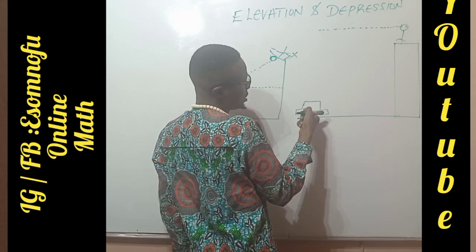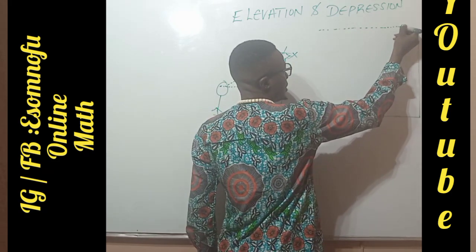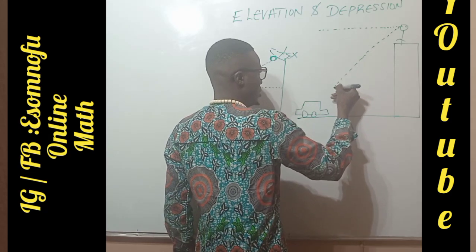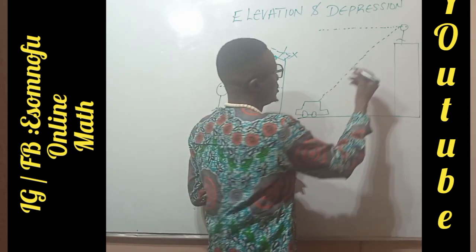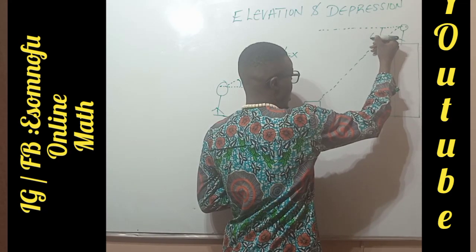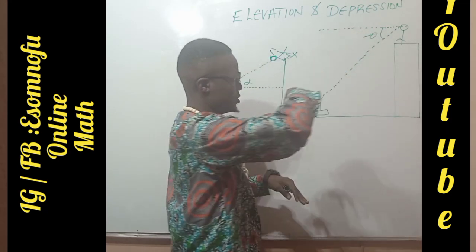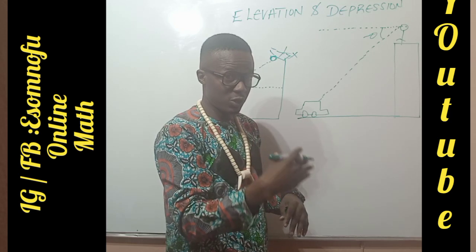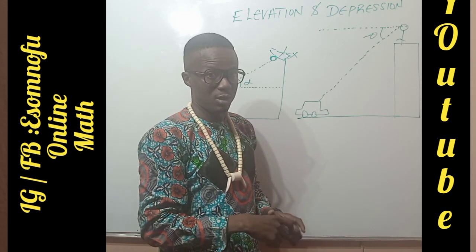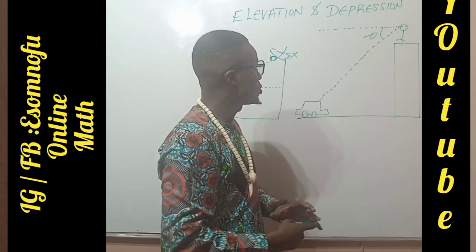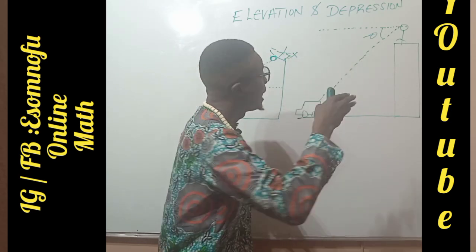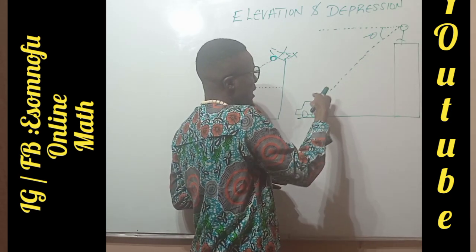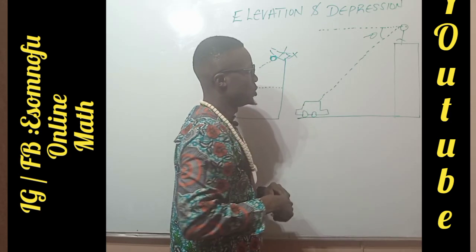And for this boy to see this car, the boy must bring down his eyes in order to see the object that is below him. So this angle formed here is known as angle of depression. So angle of depression is formed when you see objects that are below you. That is why we say that angle of depression is the angle formed between one's horizontal eye level and the line through which you see an object that is below you.